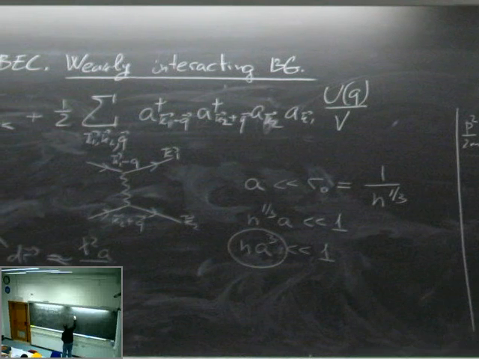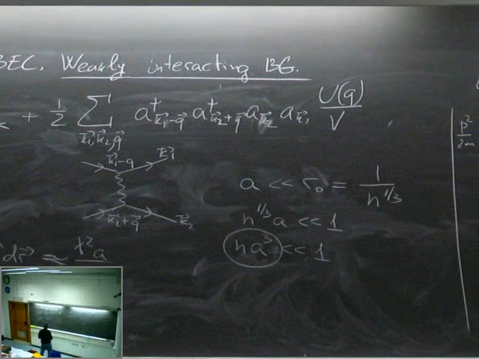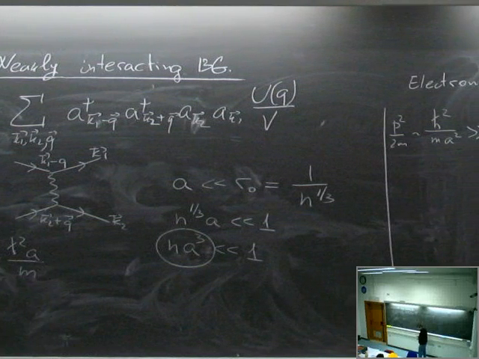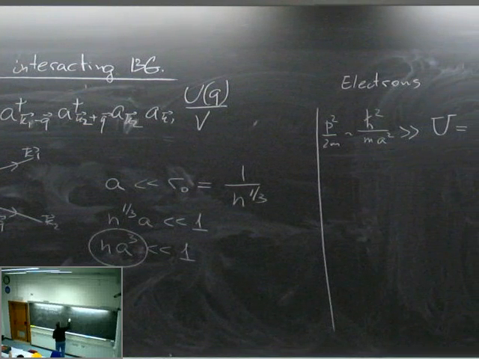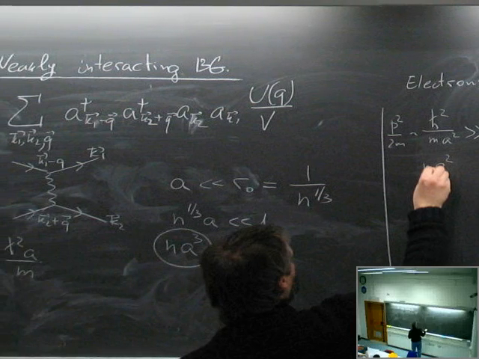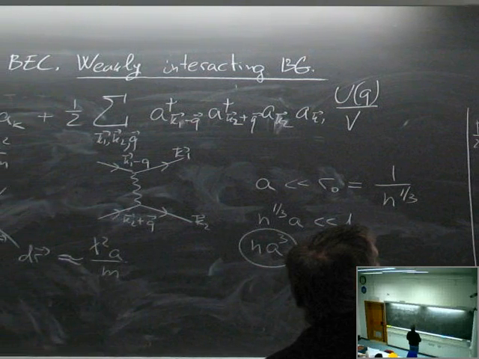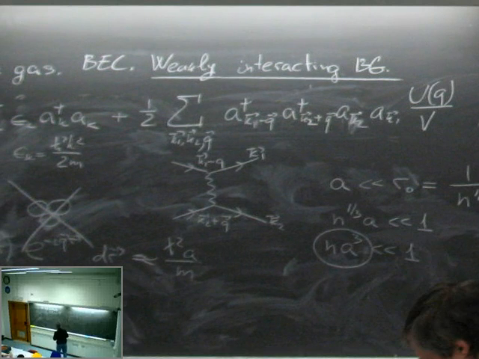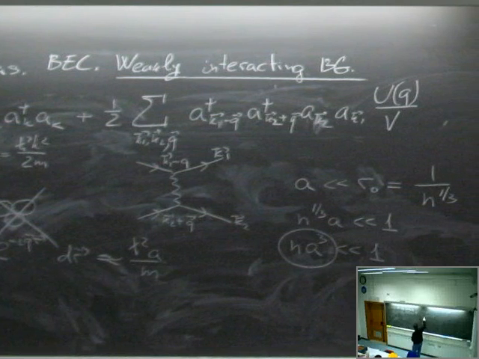But the potential energy of interacting electrons comes mostly due to Coulomb interaction. So this is e squared over a. So we may write down that m e squared over h bar squared a is much smaller than 1. What is the typical a in this formula?